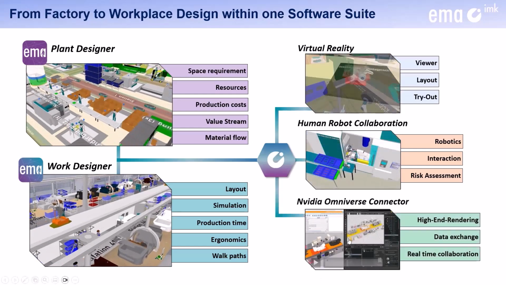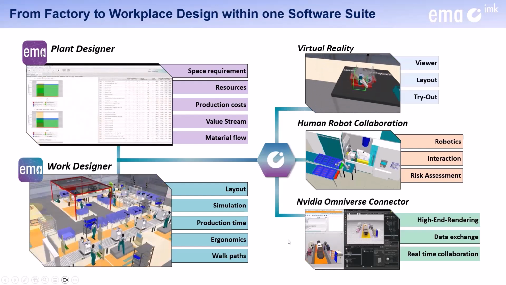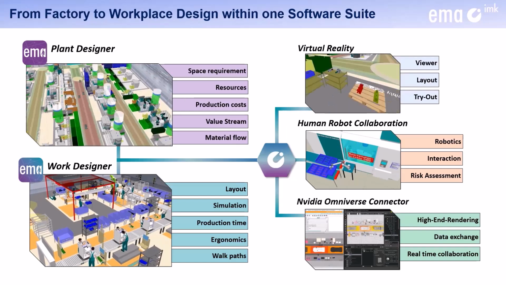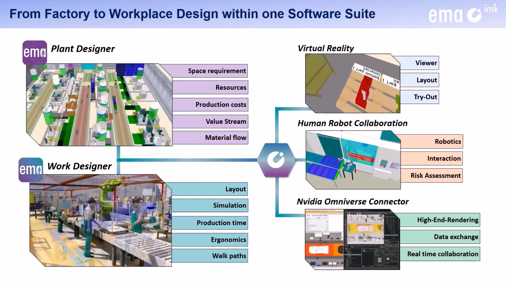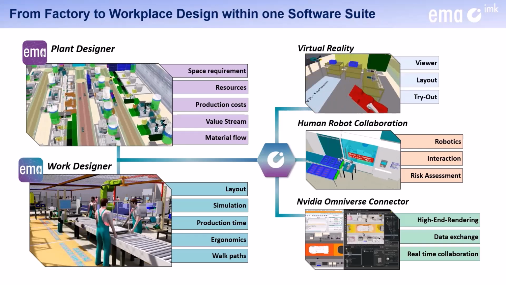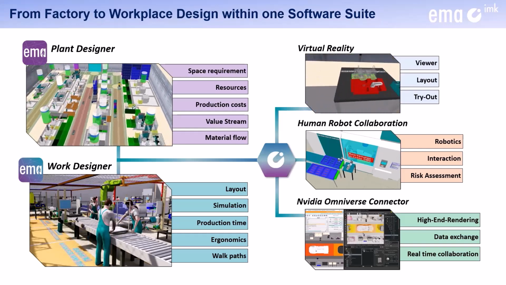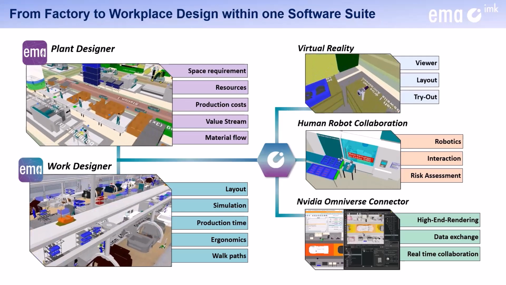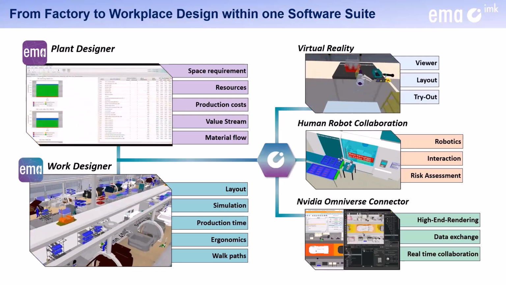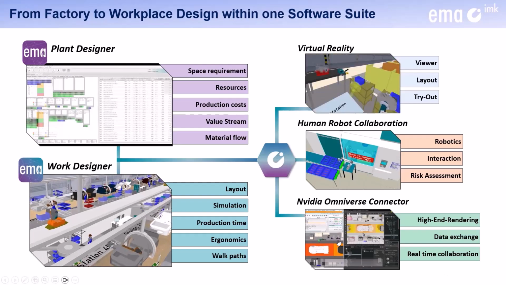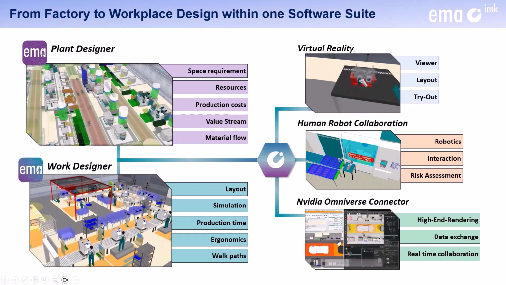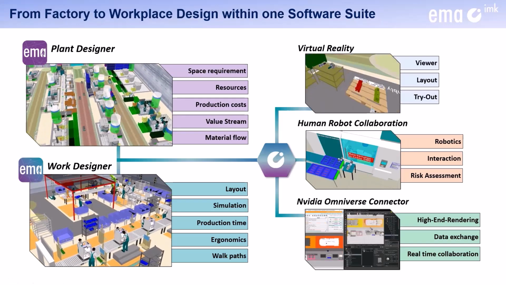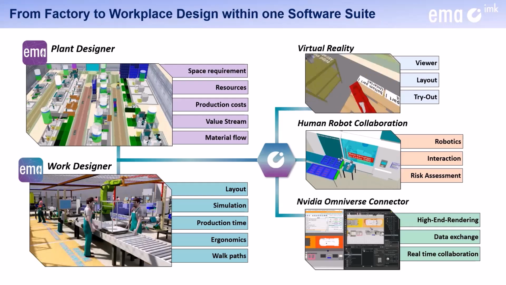And there are more interfaces, like EMA to AnyBody, HaloGlide VR, and NVIDIA Omniverse. I think in the last months and years, connecting many different software tools in one master system like Omniverse has been a very growing topic. Here we also have a connector which enables very easy data exchange, high-end rendering, and real-time collaboration.